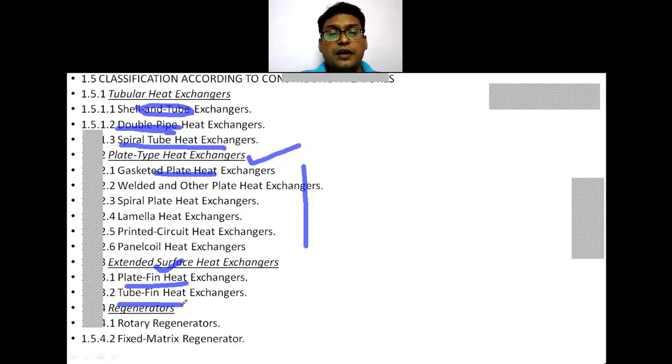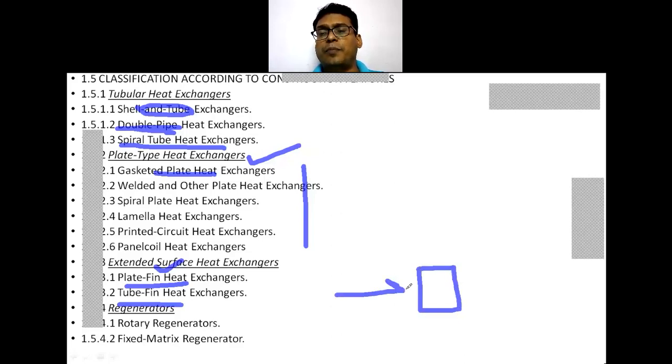Then next is the regenerators. Regeneration, where the surface is heated, and in that category the rotary regenerators and the fixed matrix regenerators are there. Fixed matrix regenerator, that means a matrix is available, and initially the hot fluid will pass over it.